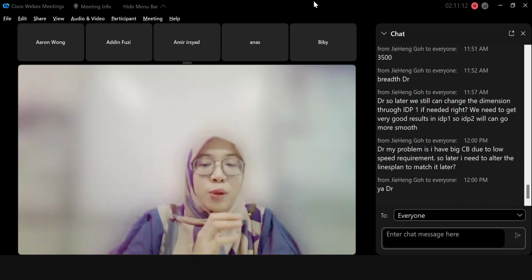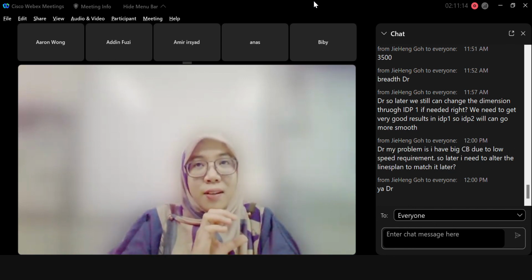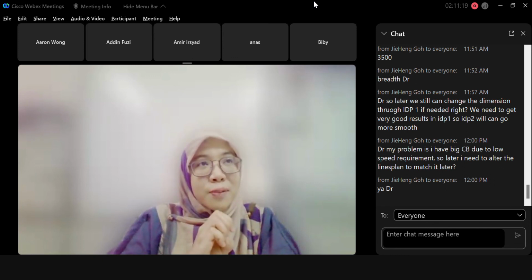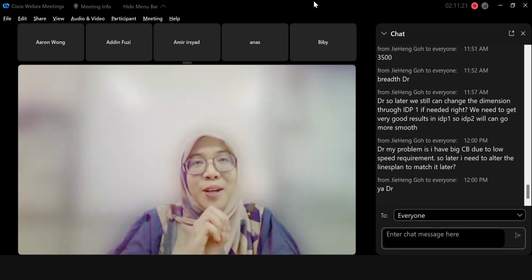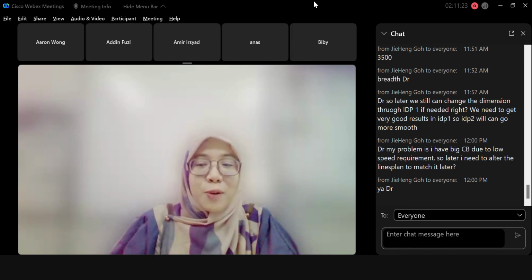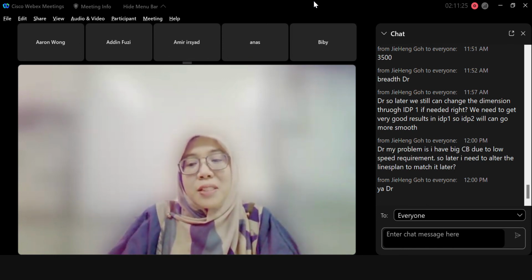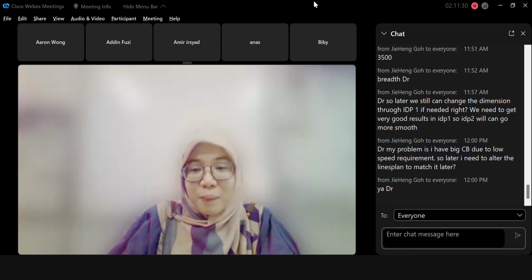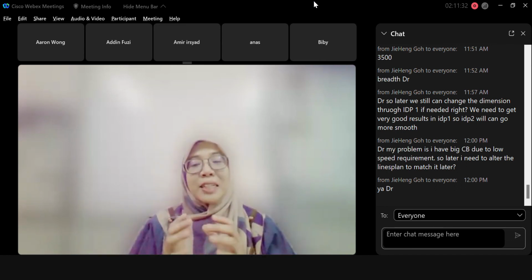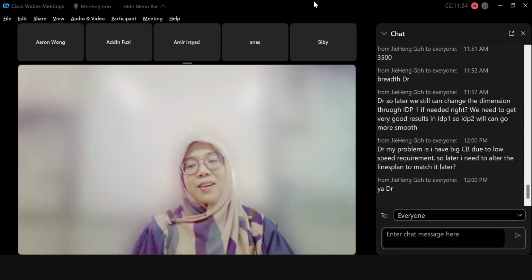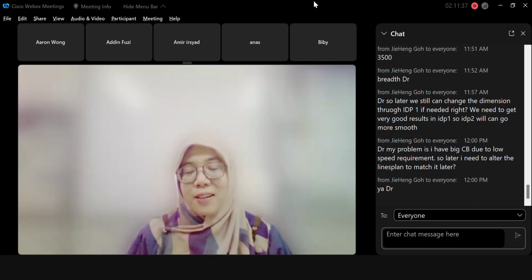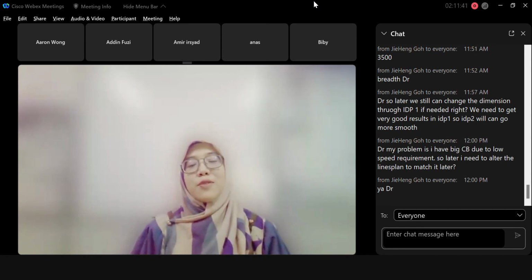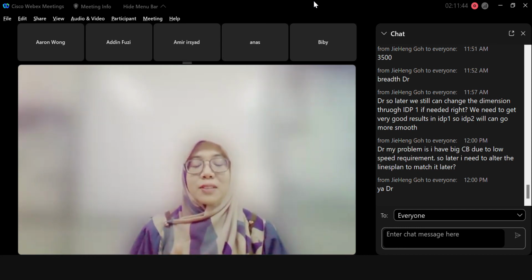Otherwise you need to start from scratch, which is not relevant. You cannot start from scratch for this ship design, otherwise it will take more than 1 year to finish your design. So you need to have a basis ship to start with. If you start from scratch, you should have the experience to do that. For the time being, we need to have this basis ship.